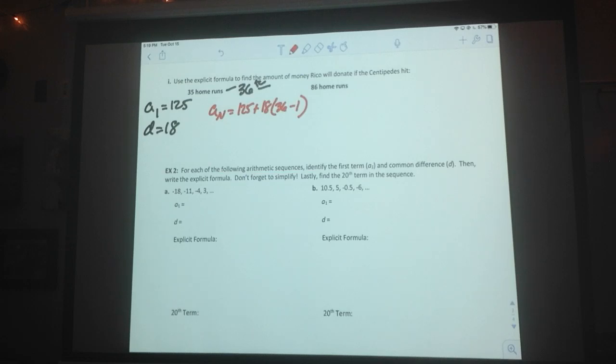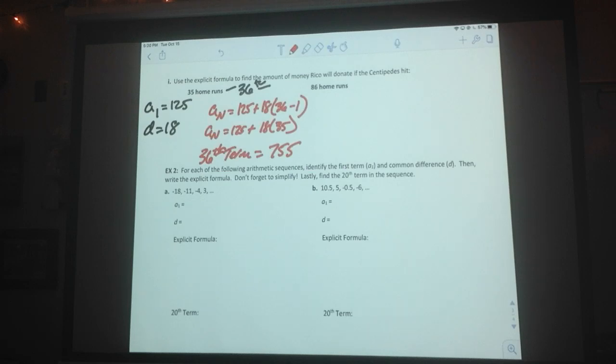So now, A of n equals 125 plus, I can do 18 times 36 minus 1, or 18 times 35. And I can get my 36th term is equal to 755. Easy enough.